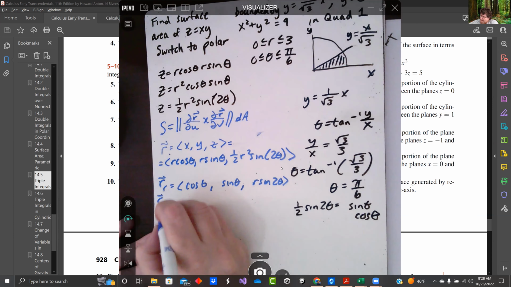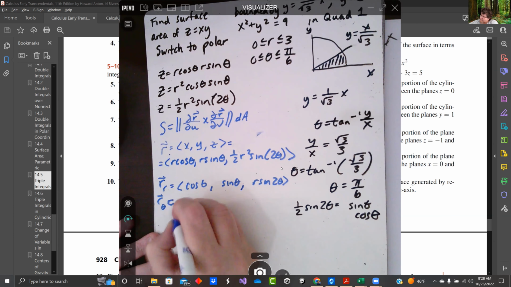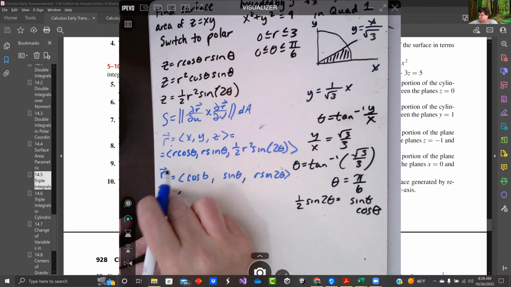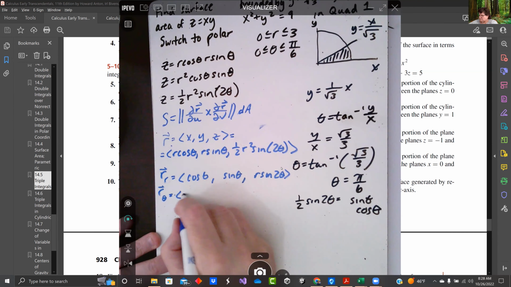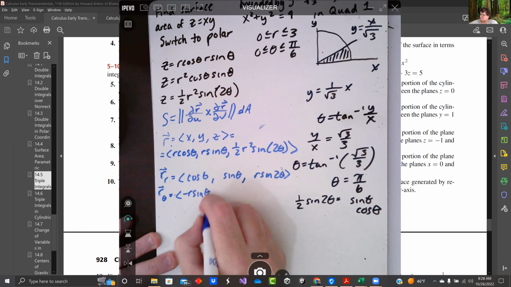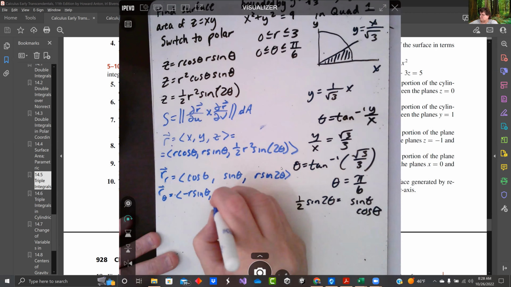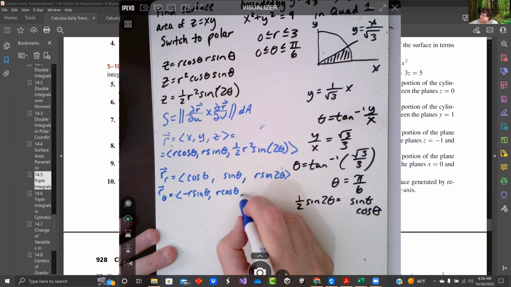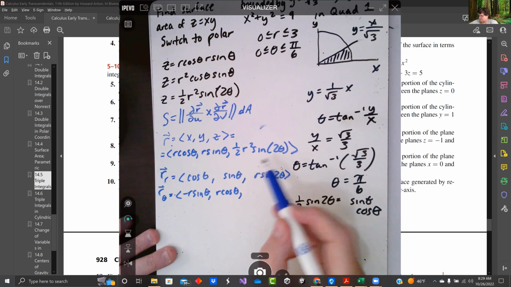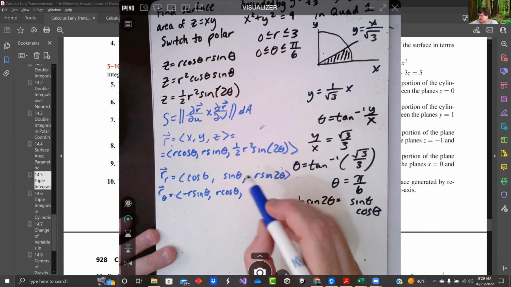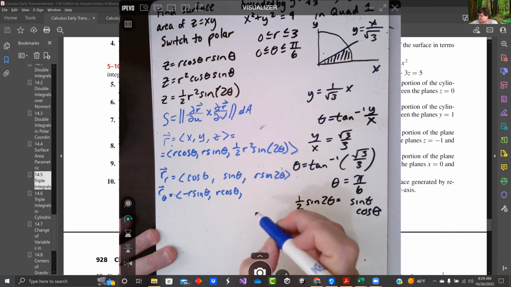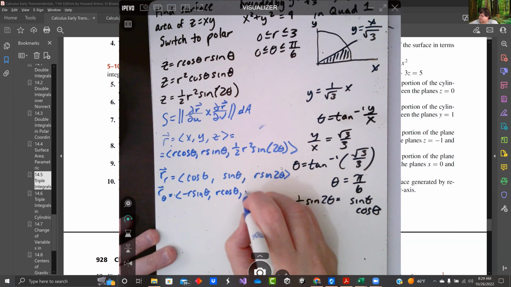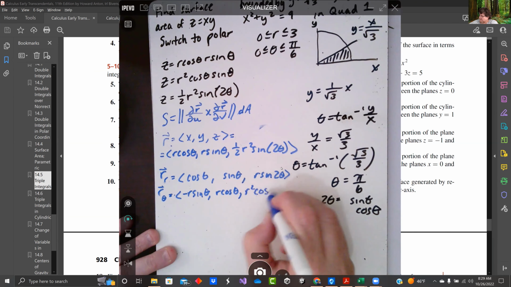And dr/d theta, bring the 2 down, we got r squared cosine 2 theta.